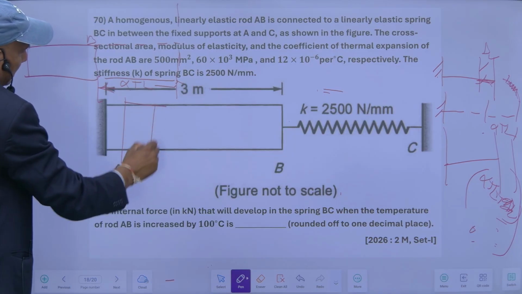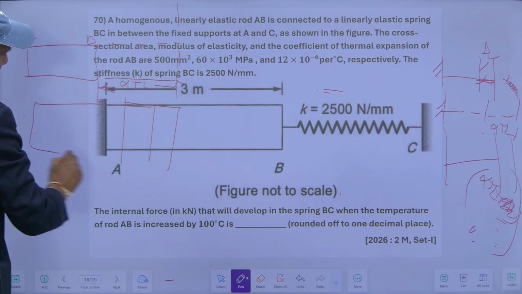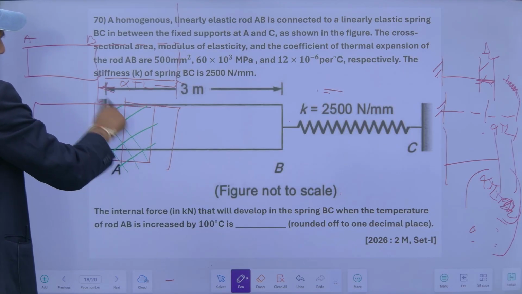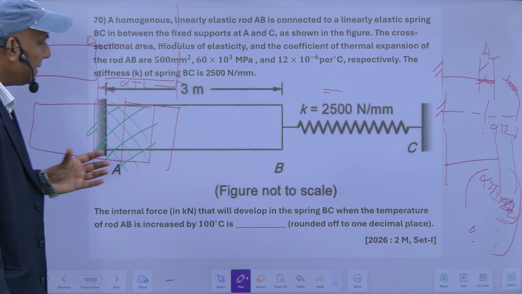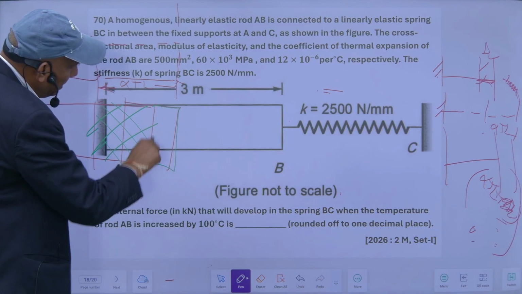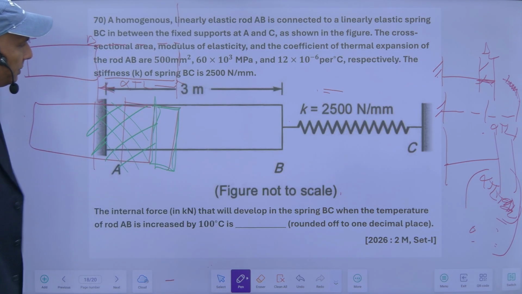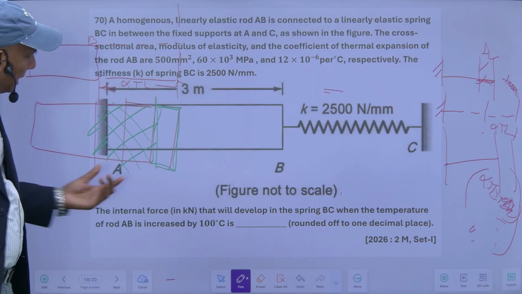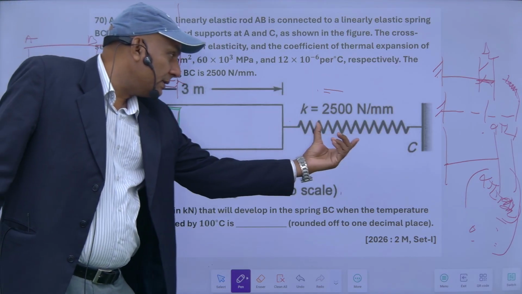So if this much yielding is permitted, this much amount of the expansion will have to be counteracted by the thermal force, because this much yielding is permitted and that will be provided by the spring. Suppose this is 25 mm and 5 mm is the yielding because of this spring.